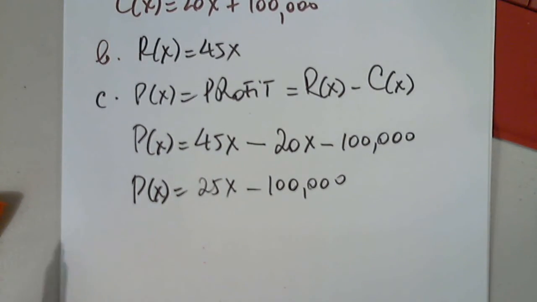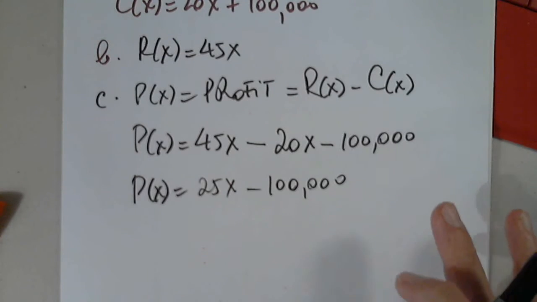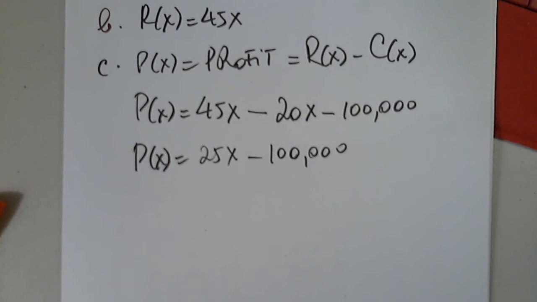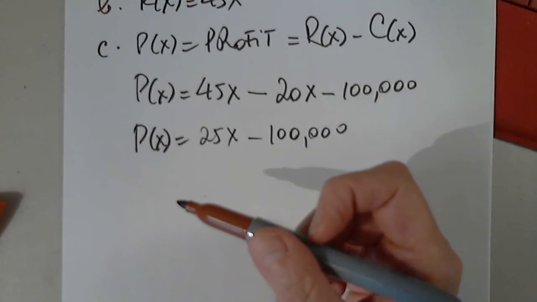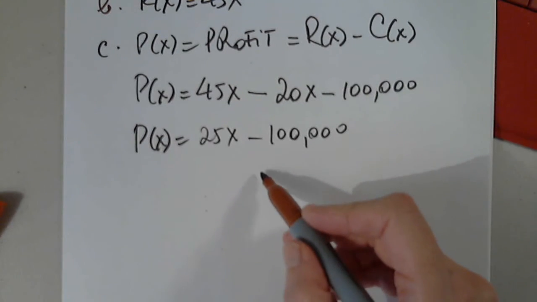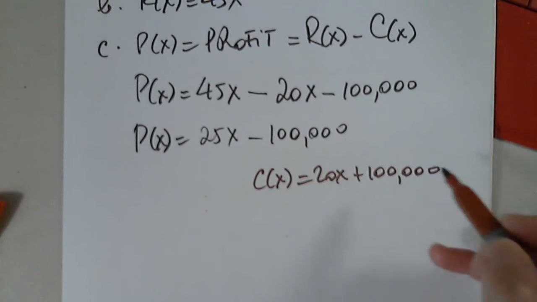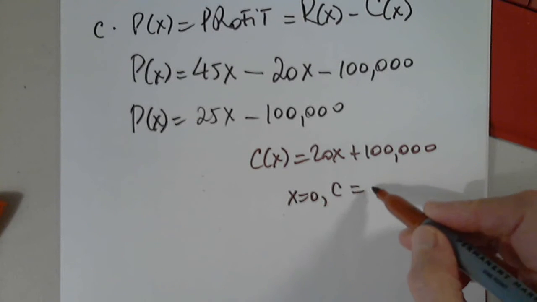Okay, so in part D, what profit or loss will the firm realize if the expected sales are met? So now, because we have all three functions, let's graph them on the same coordinate system, and then we move on to the D and E parts. Okay, so we have to graph C of X, 20X plus 100,000. So when X is 0, C is 100,000.